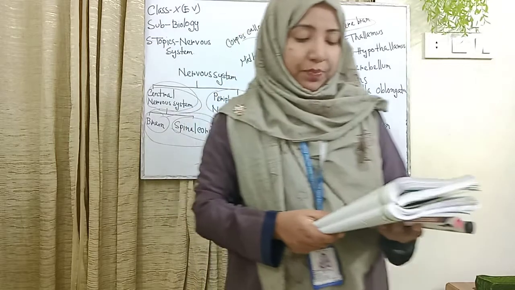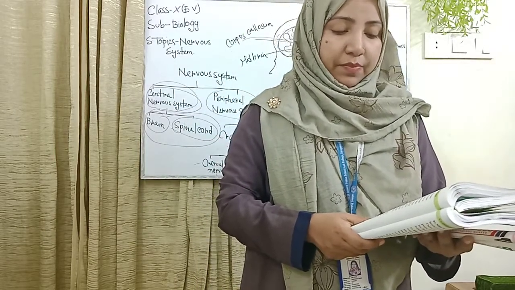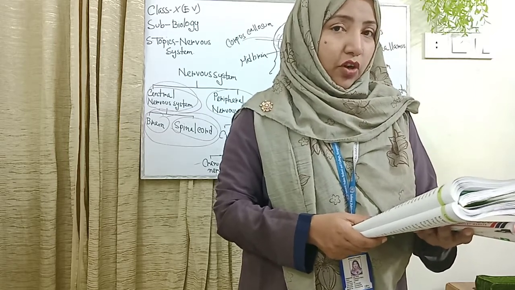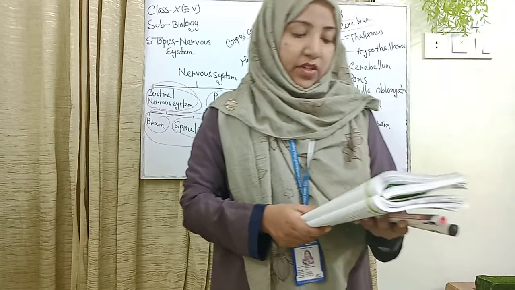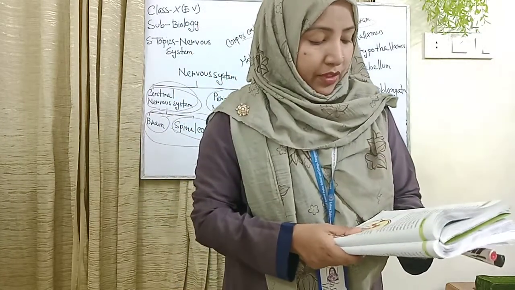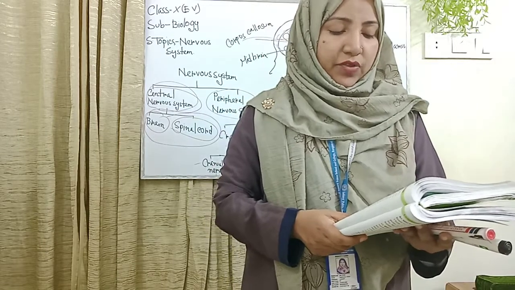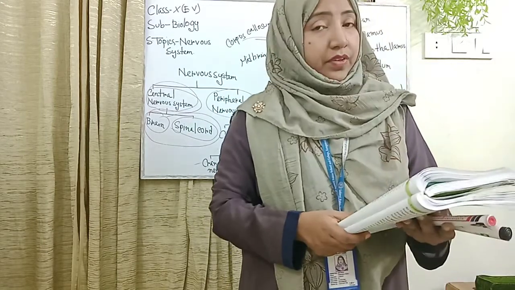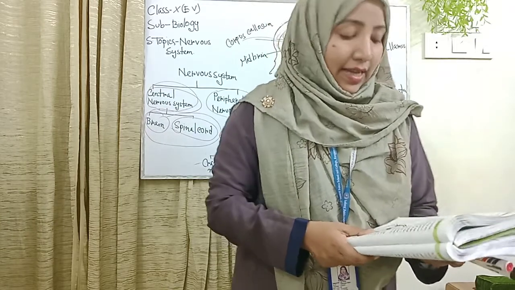I repeat: another name of the cortex is gray matter. The deeper layer of the cerebrum consists of axons covered by white colored myelin. So the white matter is situated in the depth of the cerebral cortex.